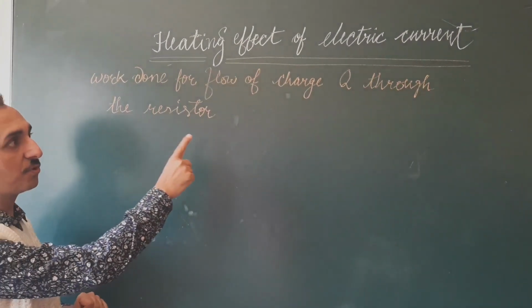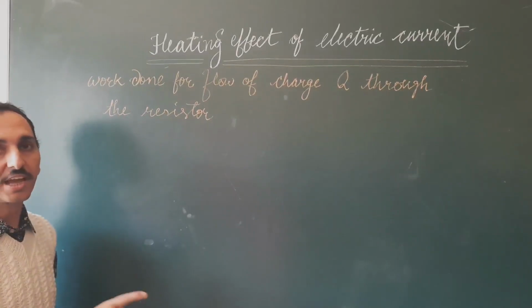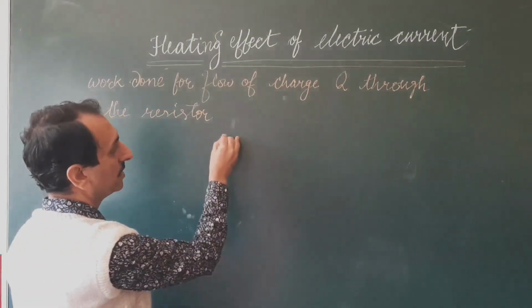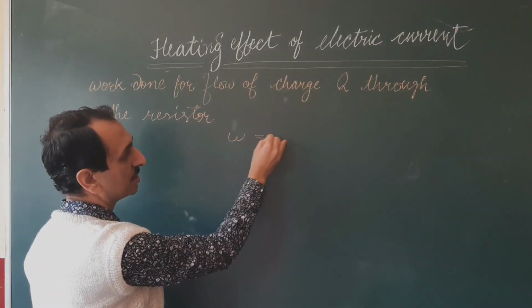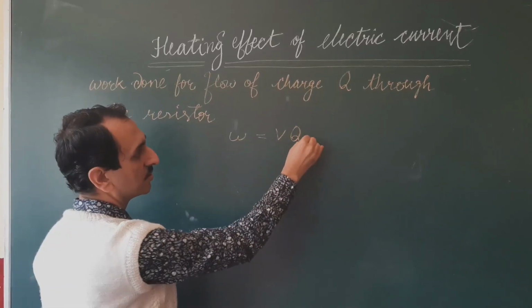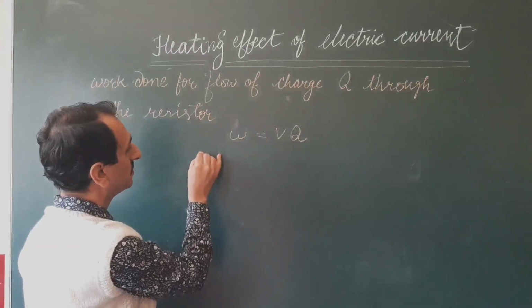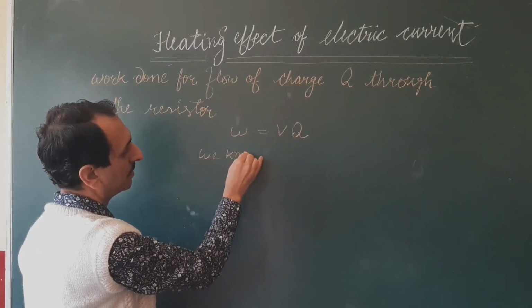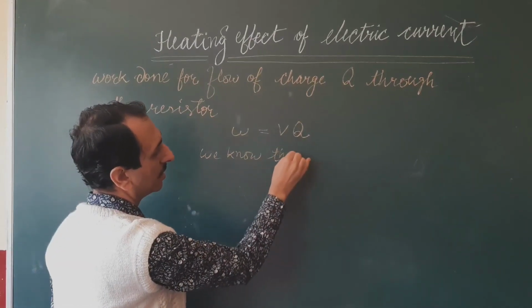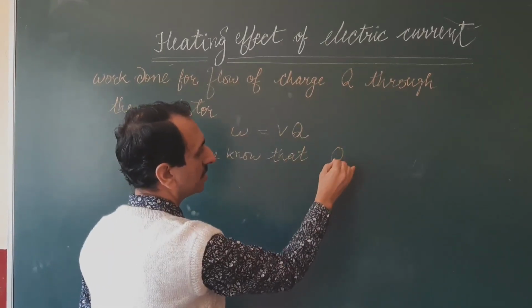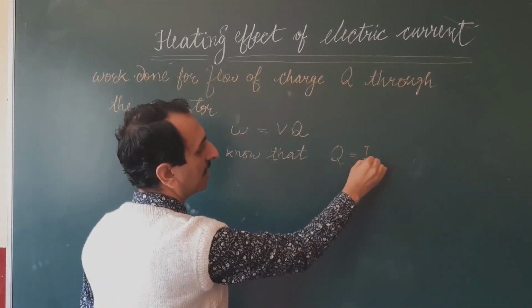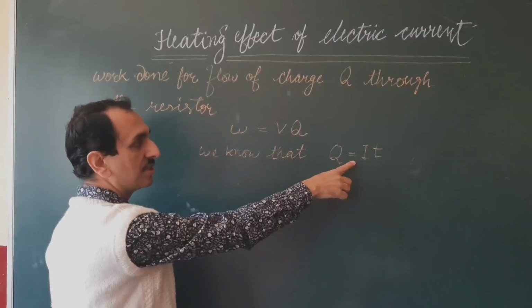Work done for the flow of charge Q through the resistor can be calculated as W equal to VQ. As we know, Q is equal to IT. Let us fill the value here.